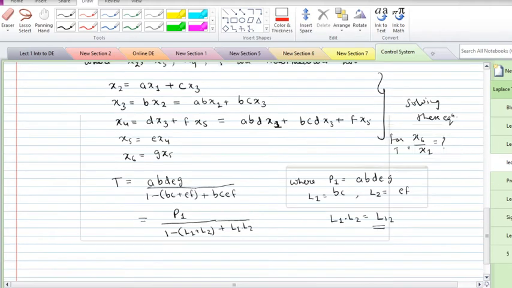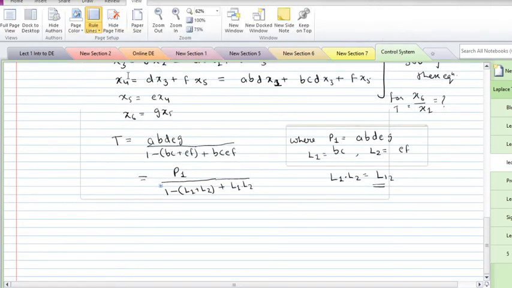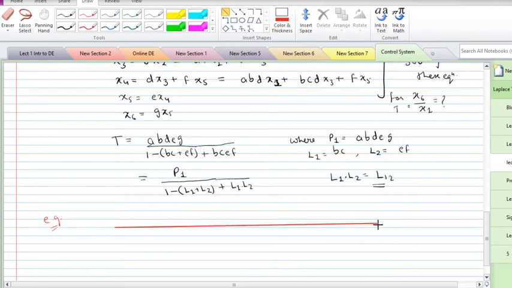Now see another case. Suppose we have this signal flow graph. Okay, and we have a node at this position x1.